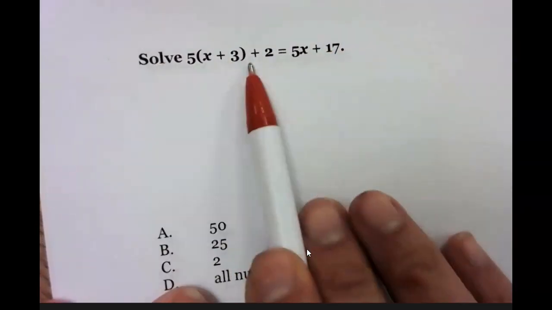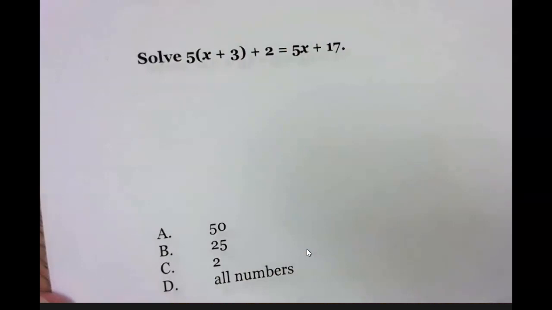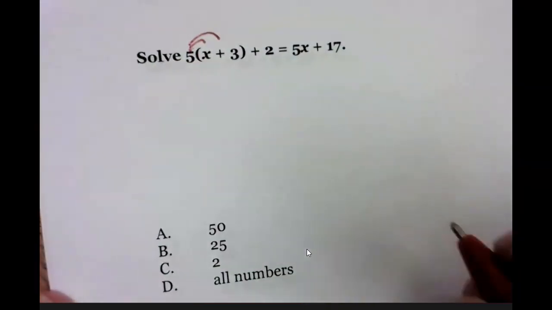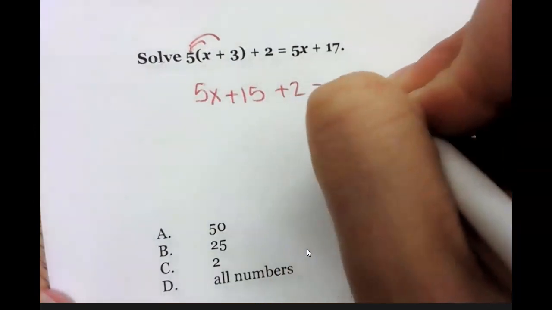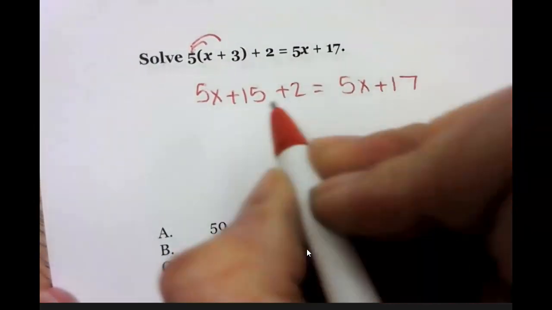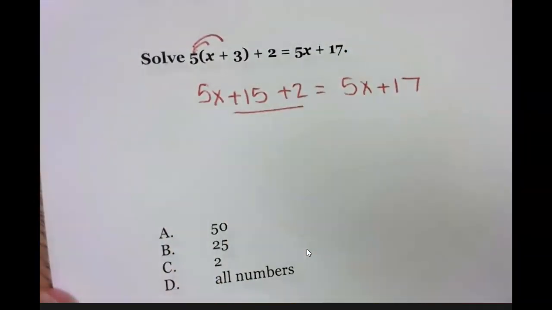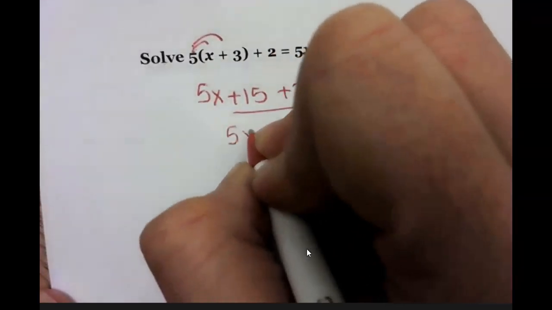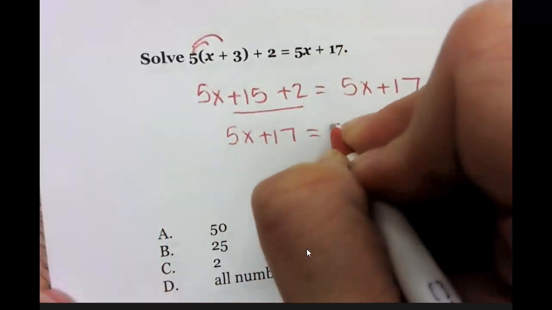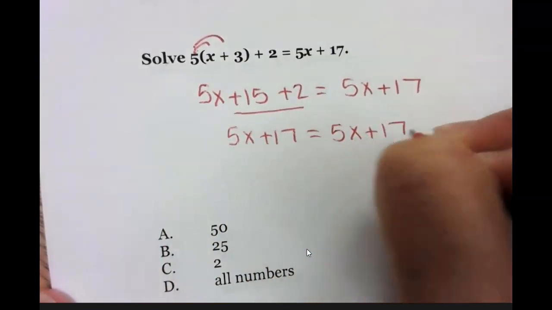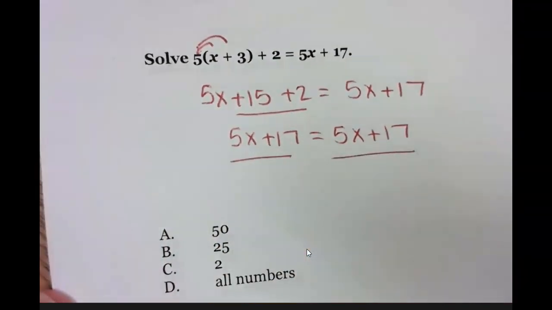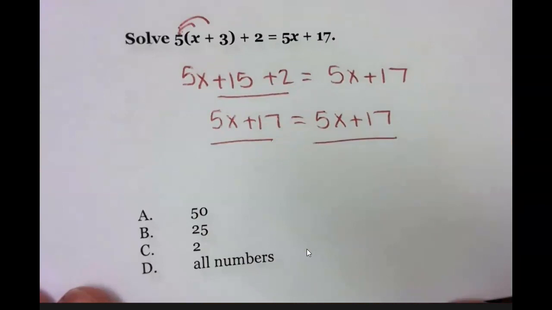Okay, and then here, 5x plus 15, because we're going to distribute our 5. Combine like terms. What happens when you get the same thing on the left equal to the same thing on the right, Nevaeh?